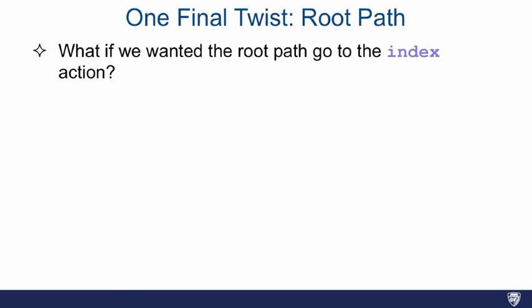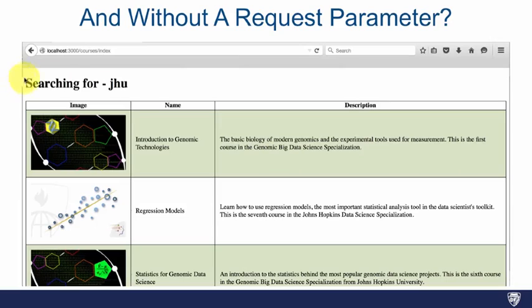Now, right now, every time in our application, we have to type in /courses/index. Our application is really only dealing with searching the courses. So it would be great if we could just say that the default root path points to the courses controller and the index action.